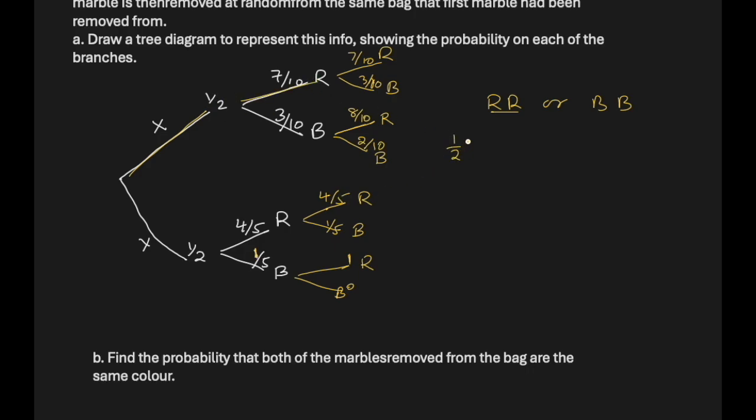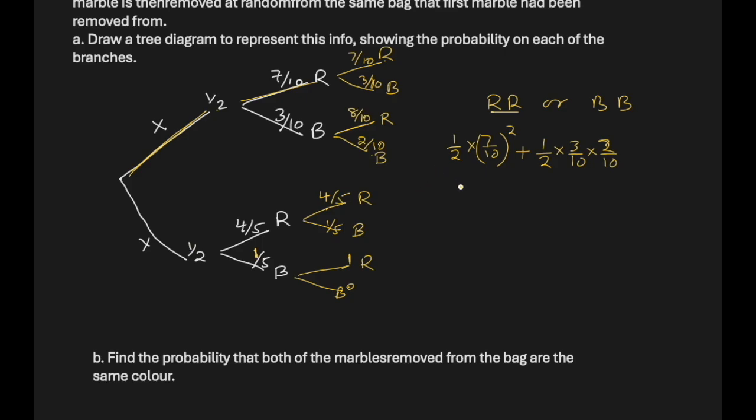Then we get a red which is 7 out of 10. Then we get a red again, which is again 7 out of 10, so I can square it. Or same bag was chosen, but a blue came out, 3 out of 10, and 2 out of 10. Blue and blue.